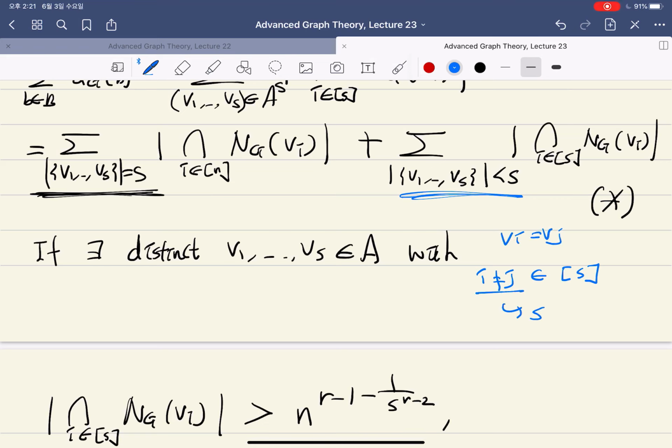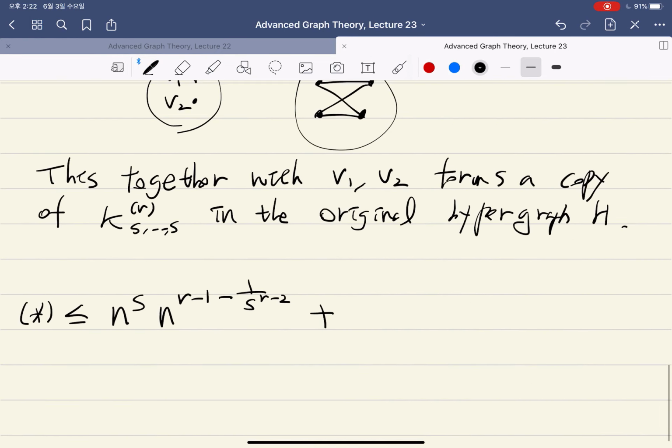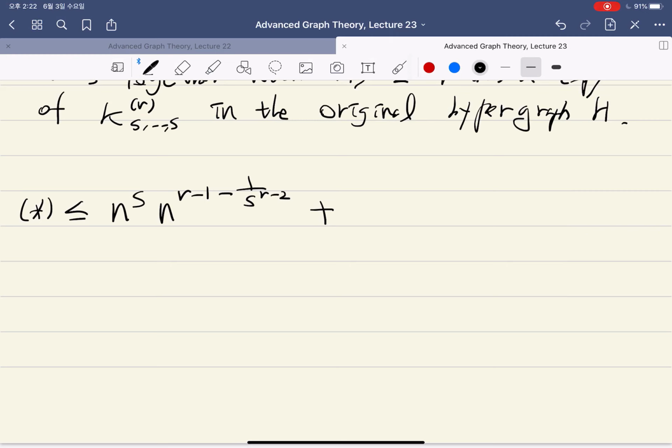So choosing this, there are s squared ways. And then once you choose this, you take v1, v2, and vs in n ways. But whenever you choose a vi, you just keep the choice of vj the same. So s squared times n to the s minus 1 is the upper bound on the number of ways to choose this tuple.